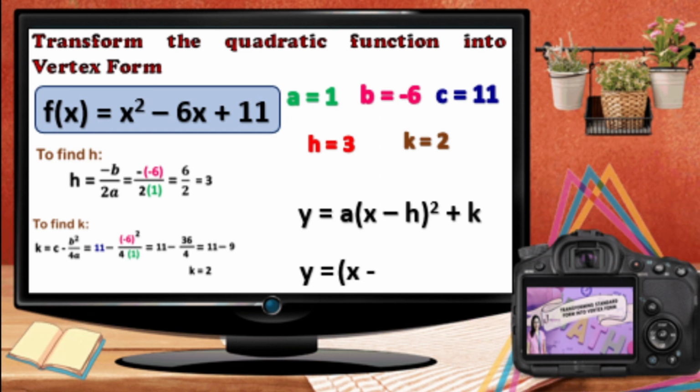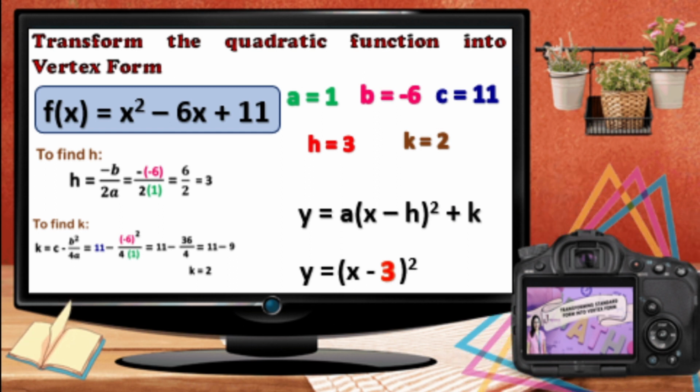Then, open parenthesis, x minus h. What is the value of h? We have 3, so that is what we write for h. And then close parenthesis, squared. Then plus k. What is the value of k? The value of k is positive 2.